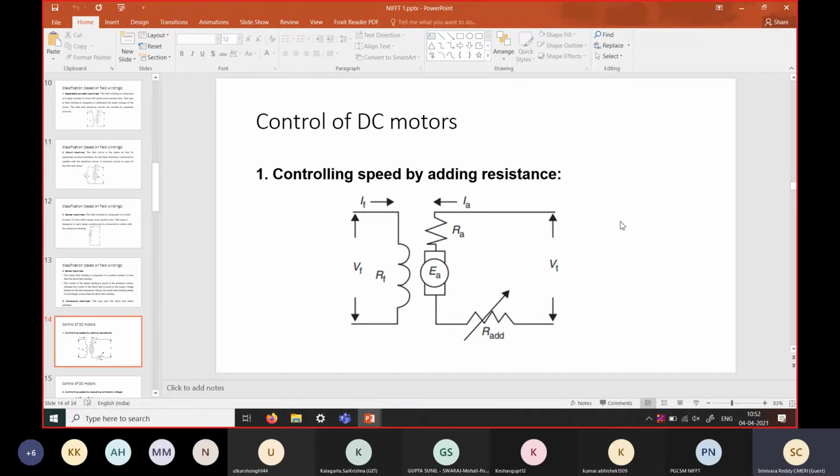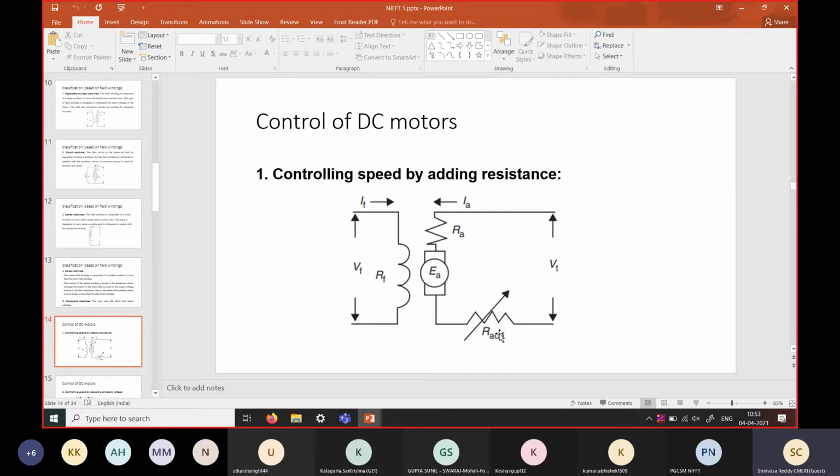That voltage can be changed by adding a resistance in the first case. Here in the armature winding, there is a variable resistance. By varying the resistance, the voltage across this armature winding will change, and due to that, the speed can be altered.